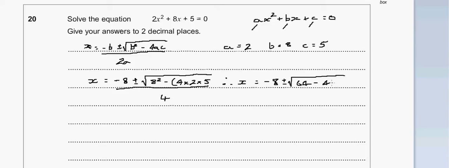So we have 40, and again this is all over 4.